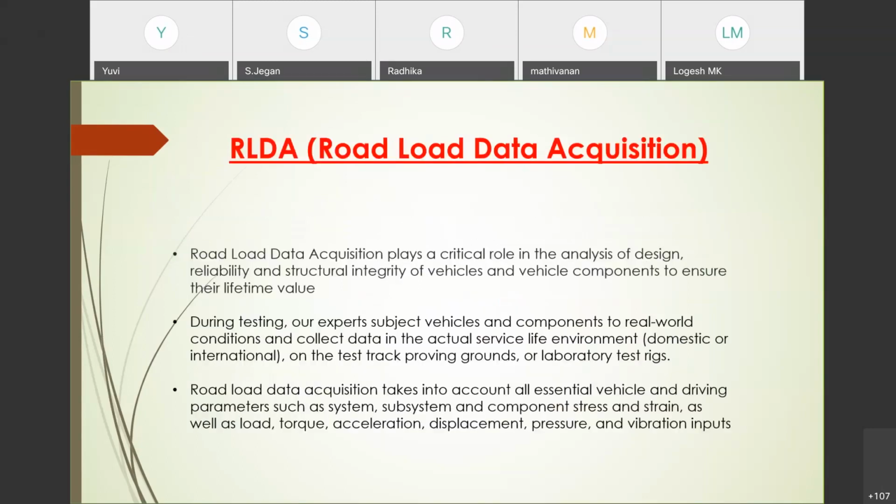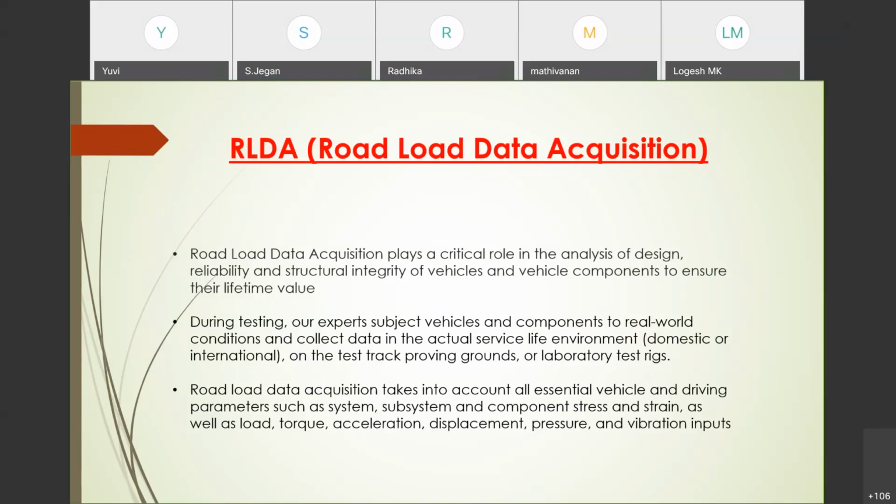So what is RLDA? RLDA stands for Road Load Data Acquisition. RLDA is a study to find out the structural behavior of the vehicle and its subcomponents. Once the vehicle is designed by the design engineer, they do a simulation test at their end to find out the critical structures in the vehicle.